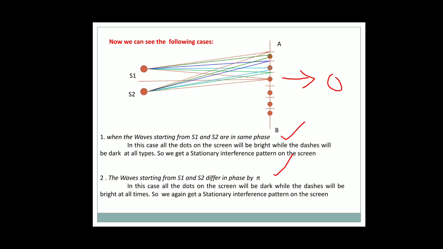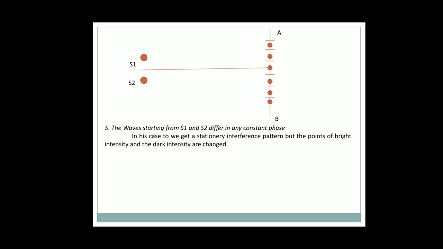It is nothing but if the phase difference is 0 or if the phase difference is pi, we can get the stationary interference. So if the phase difference between S1 and S2 differs by a constant phase, that is 0, pi, 2 pi, 3 pi, 4 pi, 5 pi, 6 pi, and so on, we can also get the bright and dark fringes.